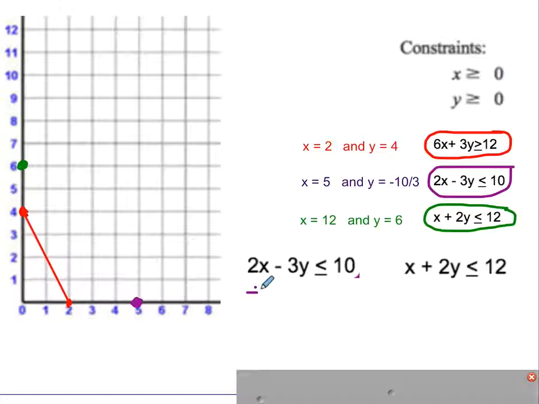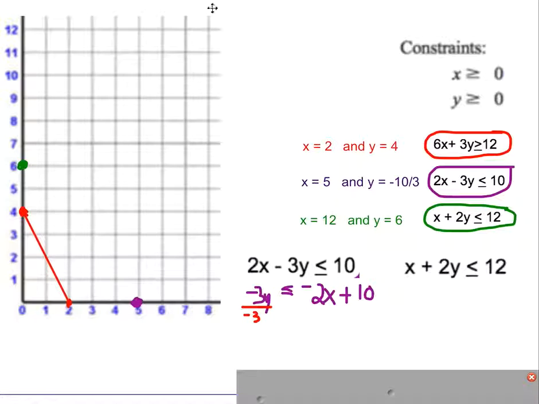So we end up with negative 3y is less than or equal to negative 2x, and that's a positive 10, so I put plus 10. I like to keep it in mx plus b form because it helps with the visual for graphing. So now you have to divide by negative 3 everywhere.